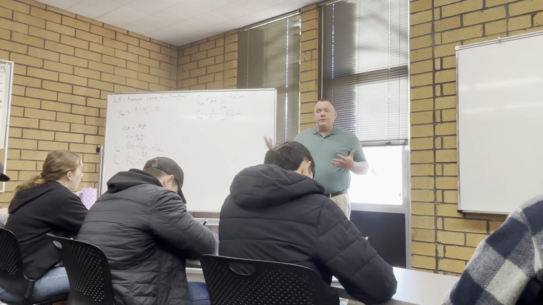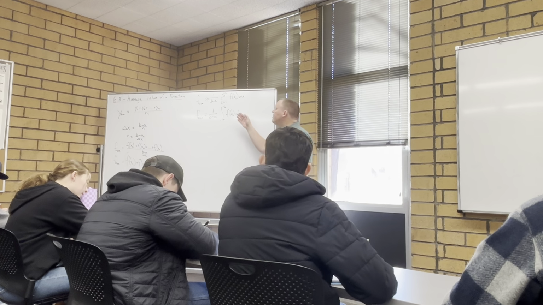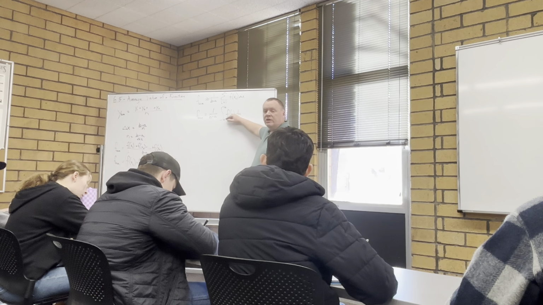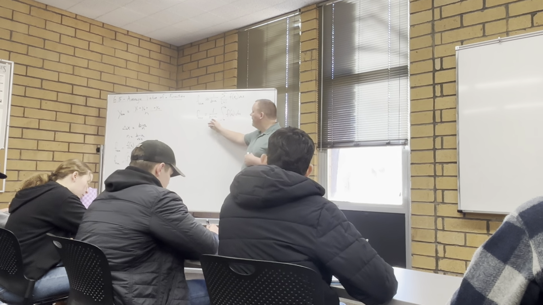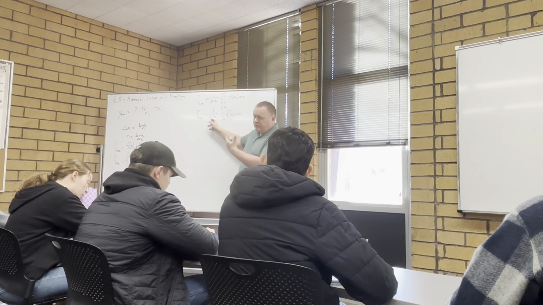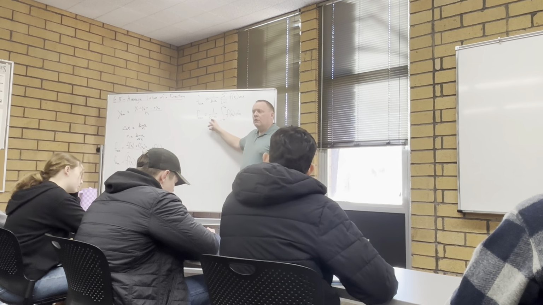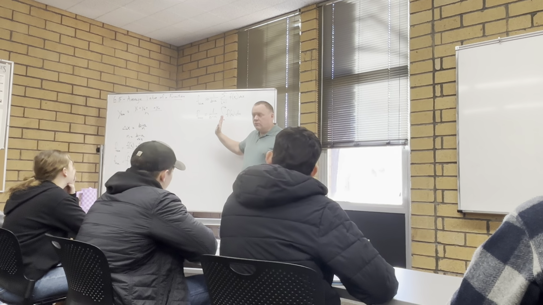So to try and help you remember this, essentially what we're doing by doing the integral of f of x dx is adding up all the y values, and then we're dividing by how many, which is the length from a to b. Okay, does that kind of help there?